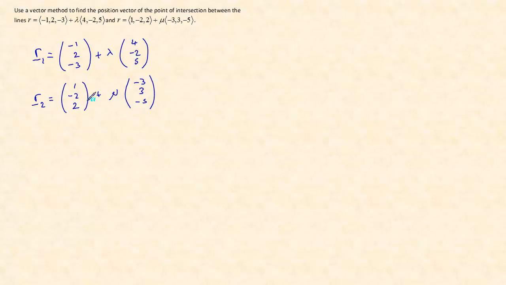Now, if these lines intersect, then at some stage the i components must be equal, the j components must be equal, and the k components must be equal.